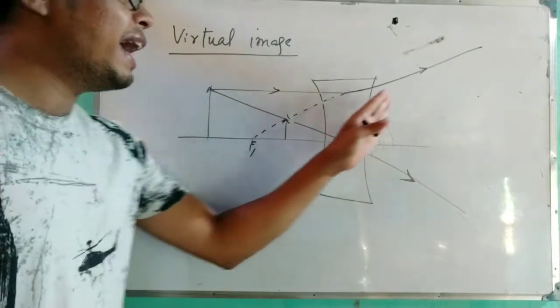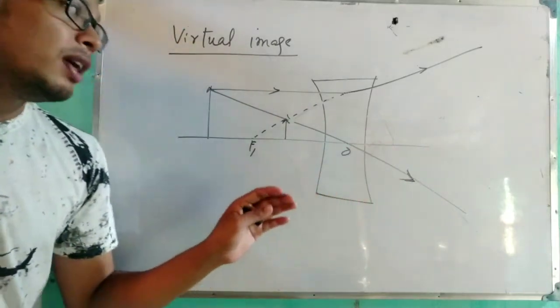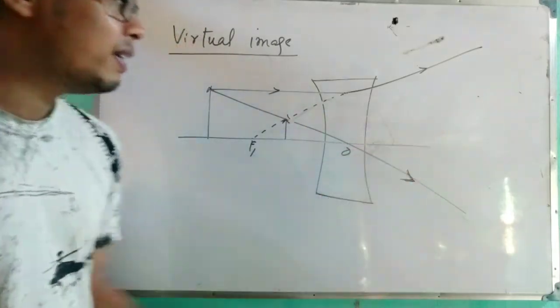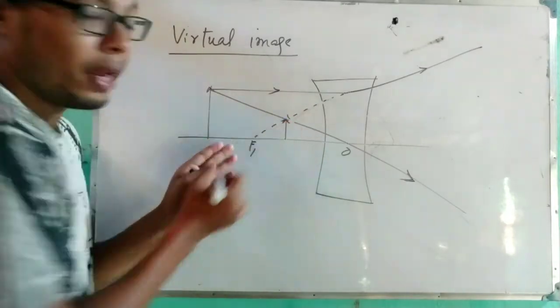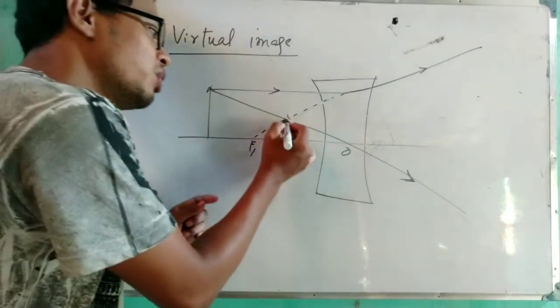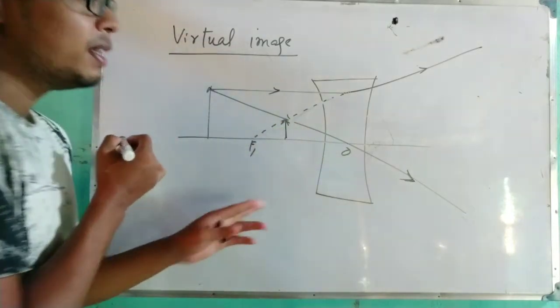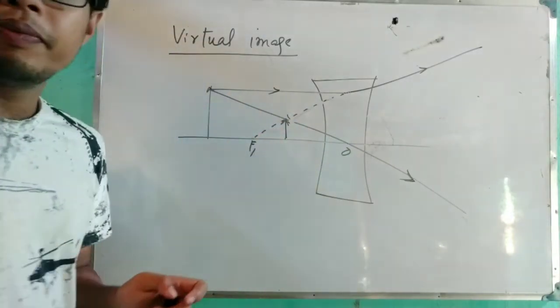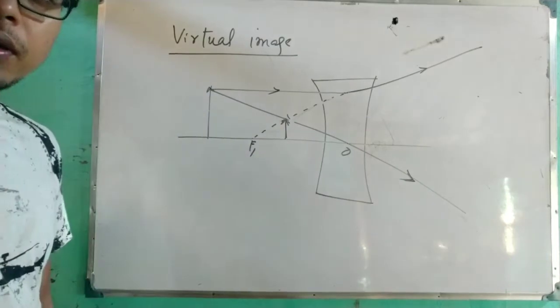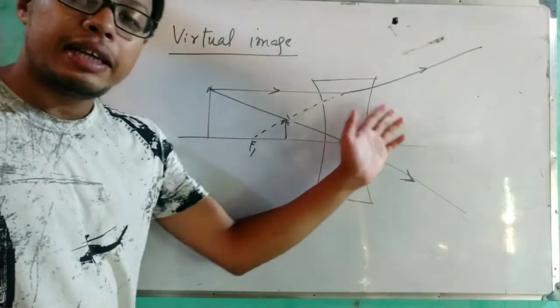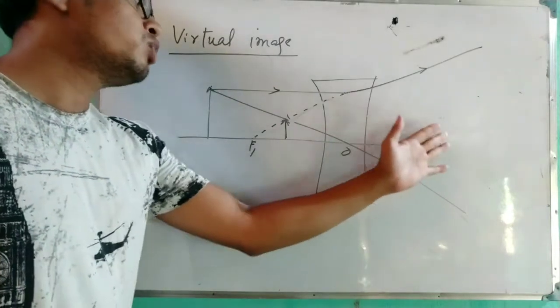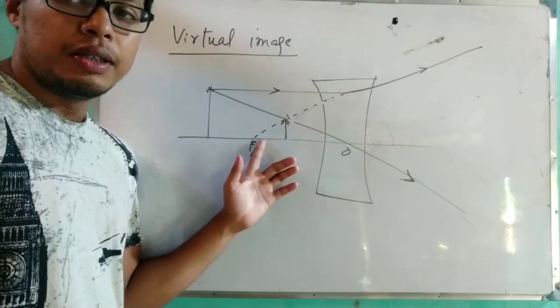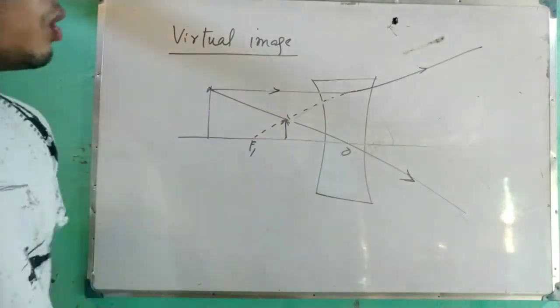They actually never meet, but it appears to come from this point, means the image will form over here. This type of image is called the virtual image. The rays actually do not meet at this side, but they appear to diverge from the point. Okay, so these images are called virtual images.